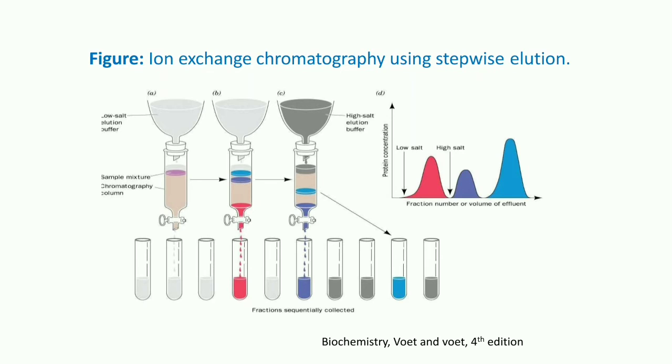The salt concentration in the elution buffer is slowly increased. Due to this, there is increased mobility of the remaining proteins, and thus, as you can see in part C, the remaining bands are also eluted. The graphs basically show the elution diagram of the protein mixture from the column.